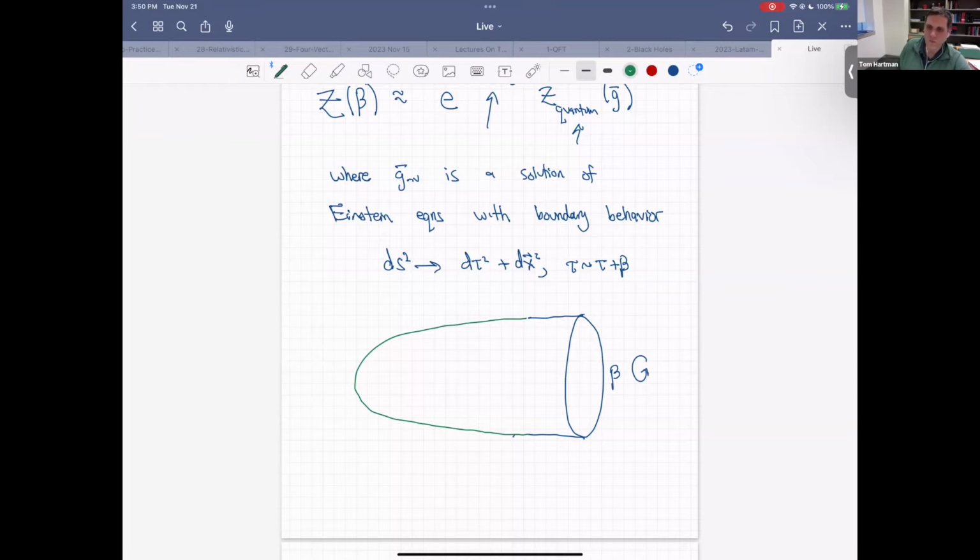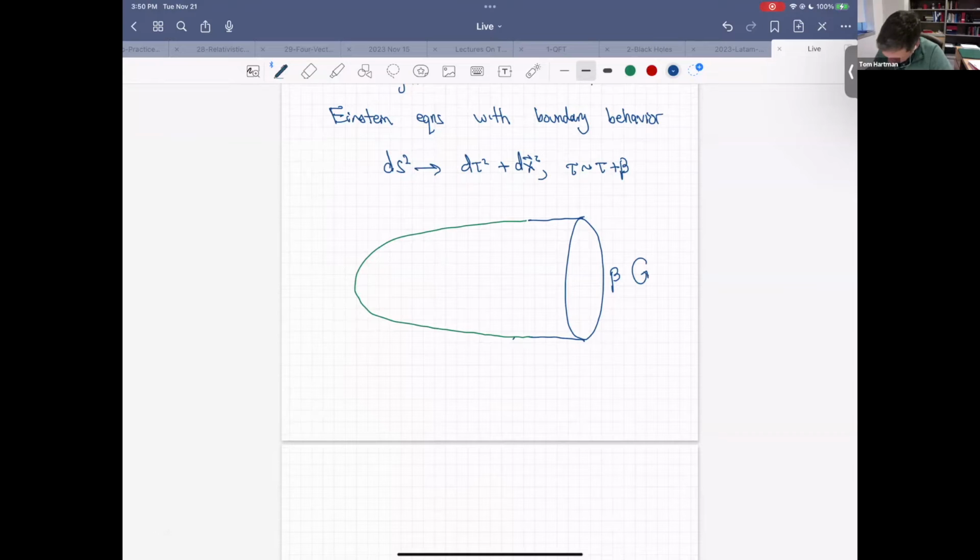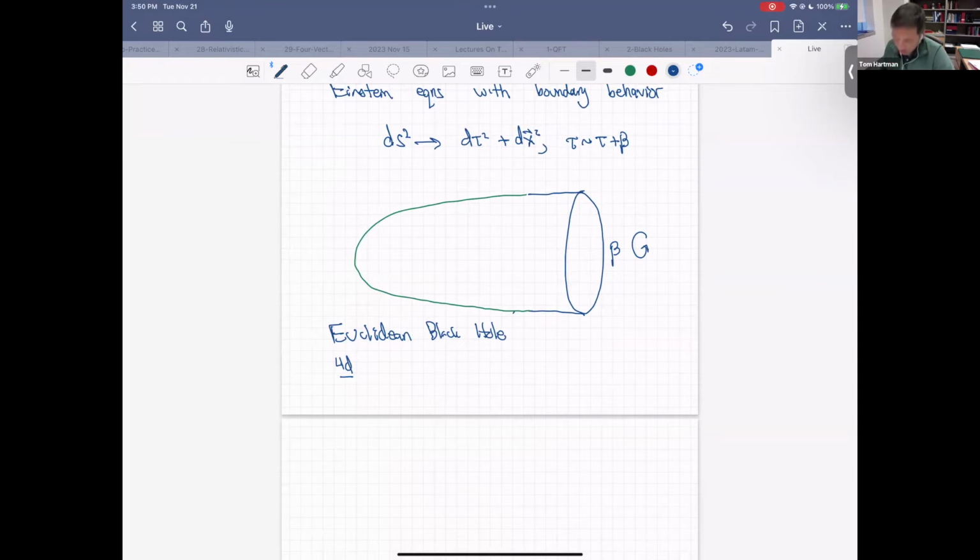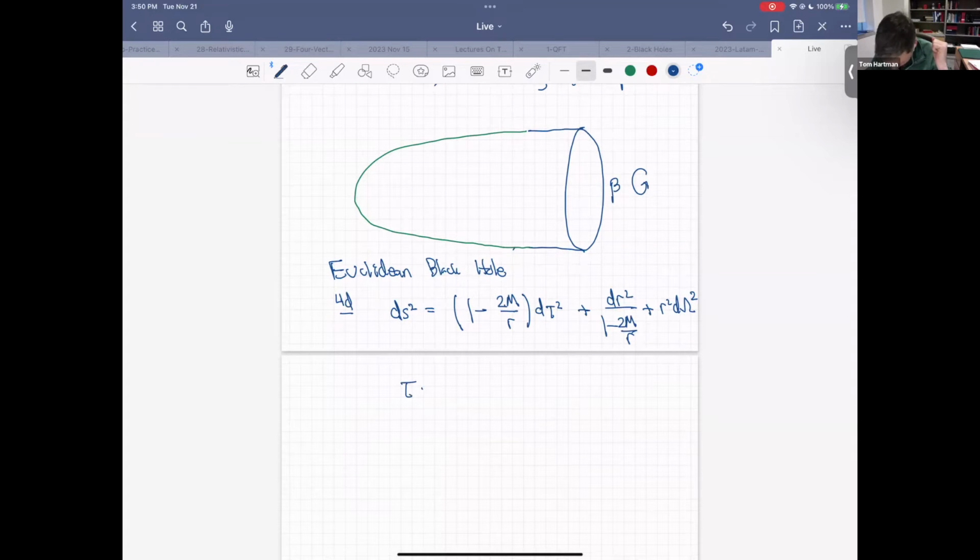This, I think, is something that you've seen in these lectures, but let me review it. So this is the Euclidean black hole solution. For example, if we're in 4 dimensions and we're talking about Schwarzschild black holes, then the metric is ds squared is (1 minus 2m over r) d tau squared plus dr squared over (1 minus 2m over r) plus r squared d omega squared on the sphere, where tau is identified with tau plus beta, and beta is the inverse Hawking temperature, 8 pi m.